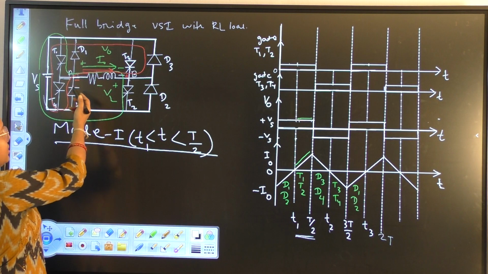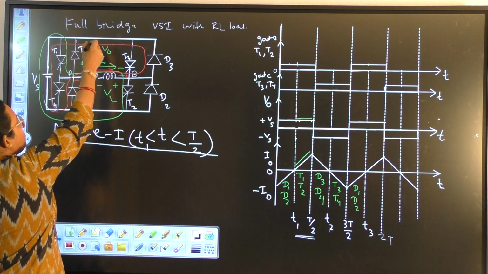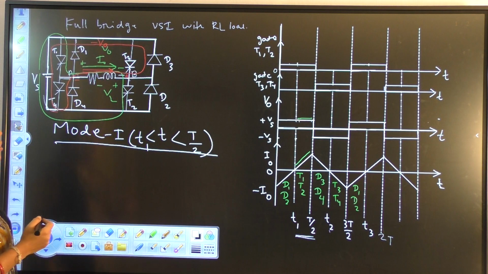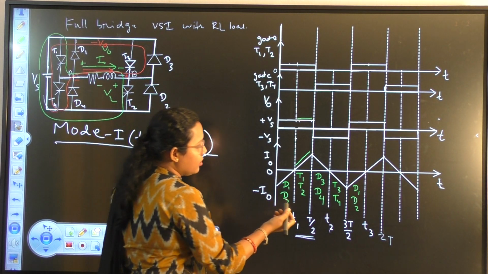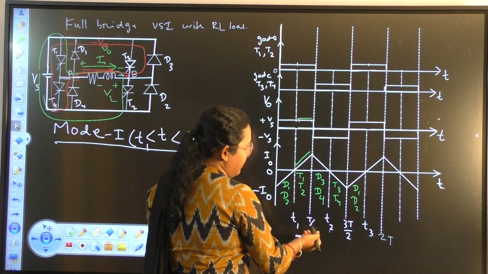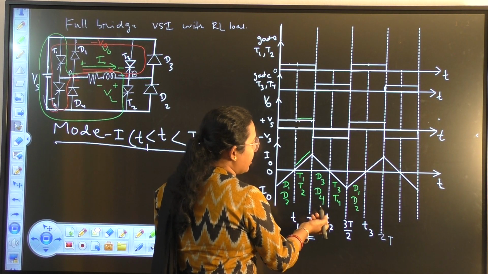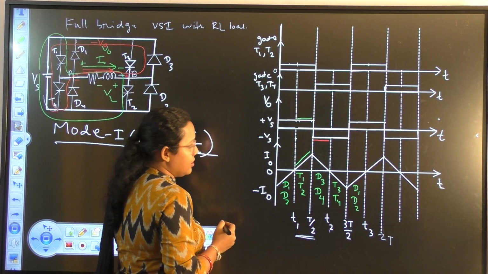A is negative with respect to B, so my output voltage will be minus V0. From T by 2 to T2, while diodes D3 and D4 are conducting, the output voltage is minus Vs.